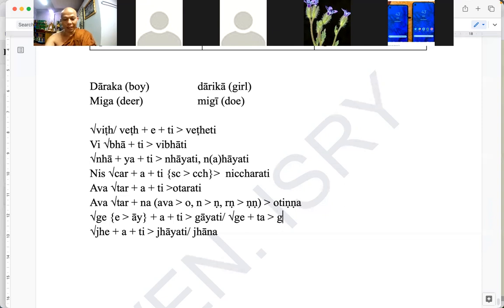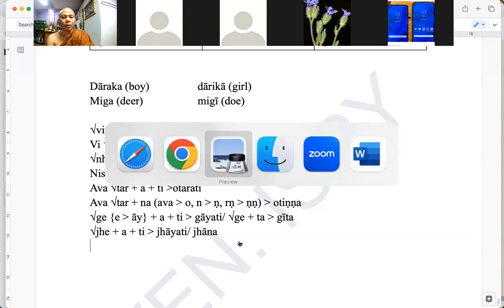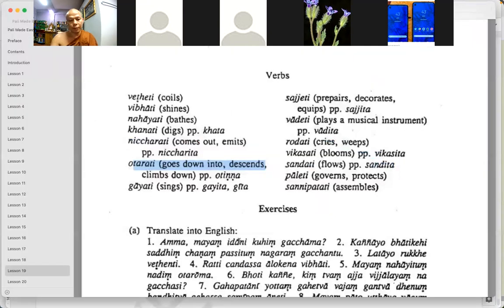So we have the gita, this way. Maybe because of that, some scholar think root is gi or something in this way. E is contracted or shorthand, or as E or something in this way. Okay, now another is gayati.